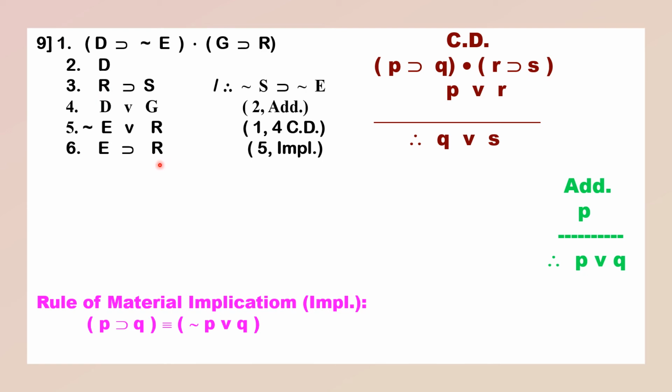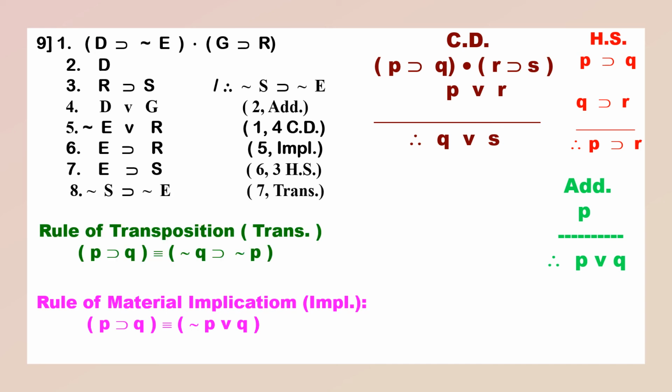So now you can apply the rule of HS and you can arrive at E horseshoe S. Now once you have got E horseshoe S, we have to interchange the antecedent and the consequent by negating both of them, and that is the rule of transposition. Thus we have arrived at the conclusion.